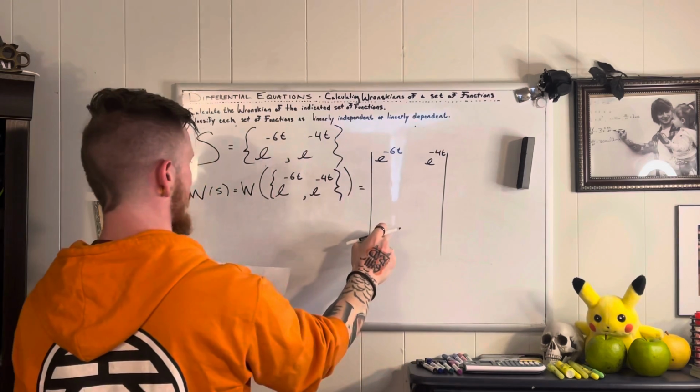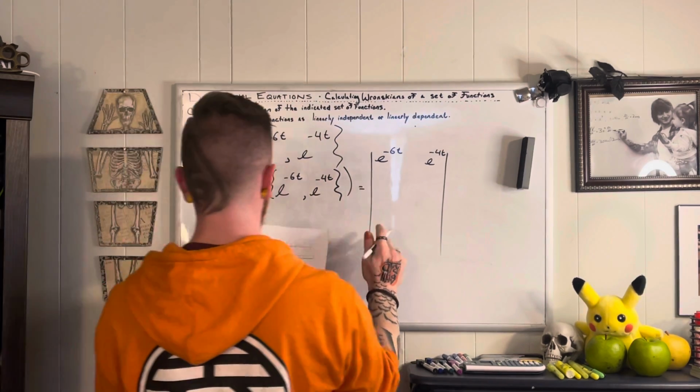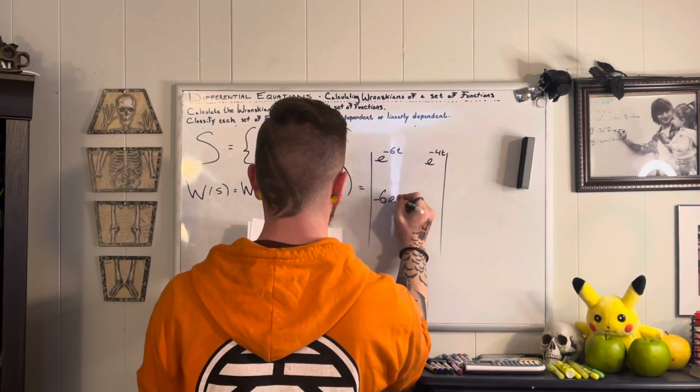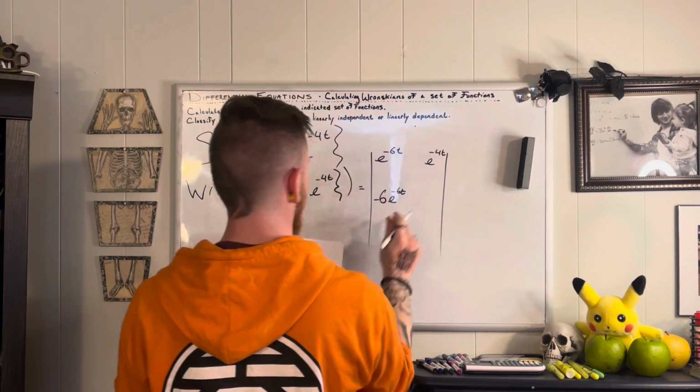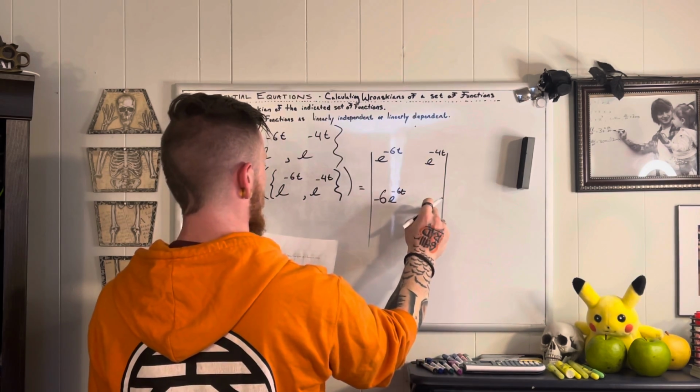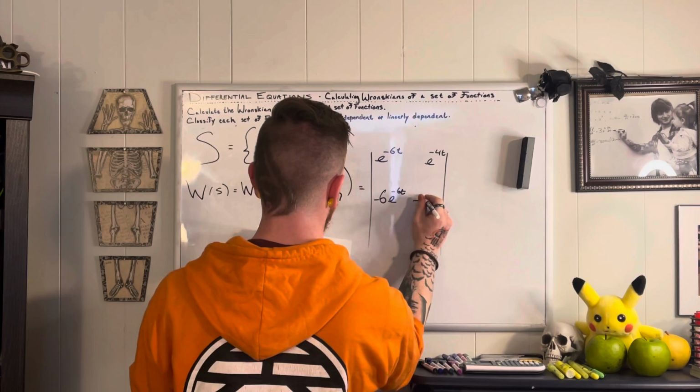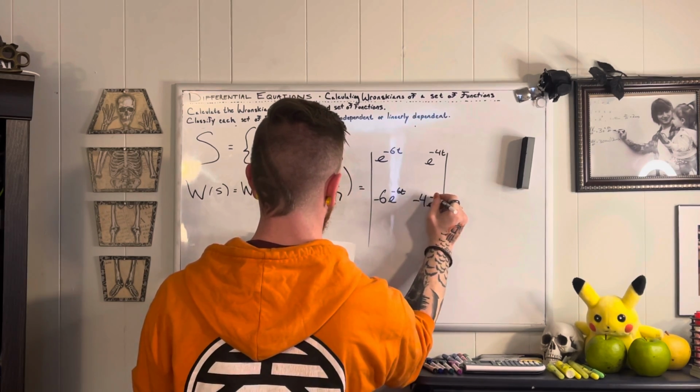Down here we have the derivative of e to the minus 6t, which is just negative 6 e to the minus 6t. Down here, the derivative of e to the minus 4t, which is minus 4 times e to the minus 4t.